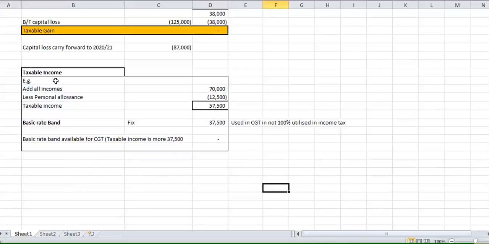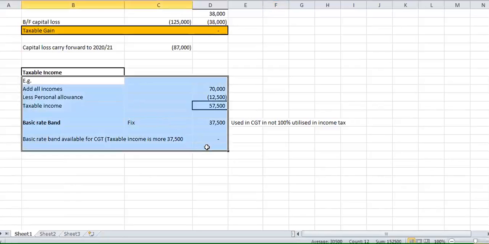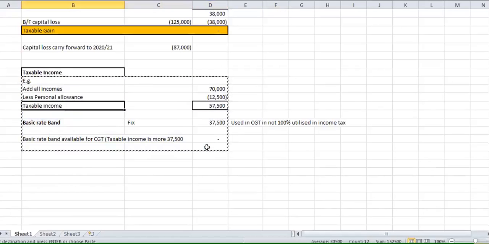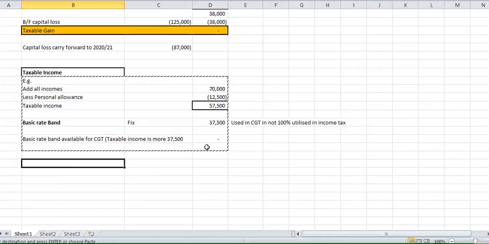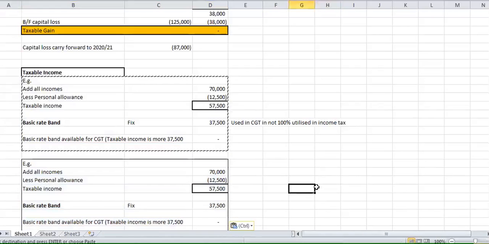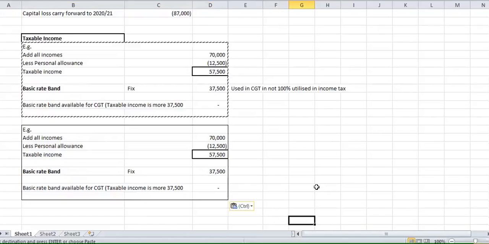So let's consider another example. Say our taxable income is 40,000 pounds.